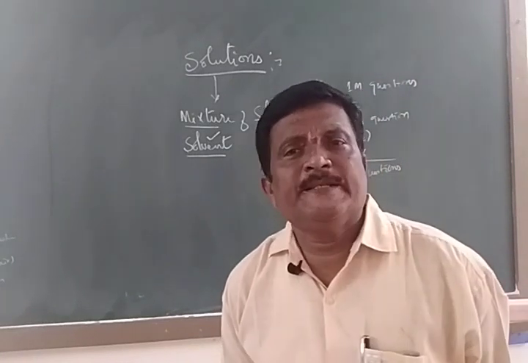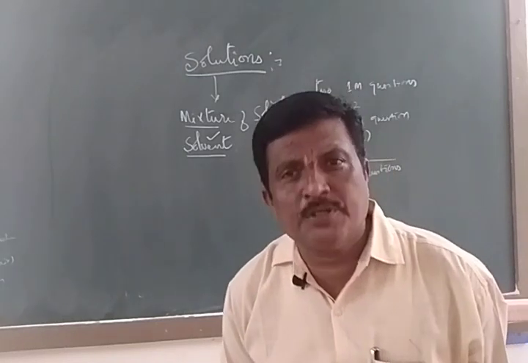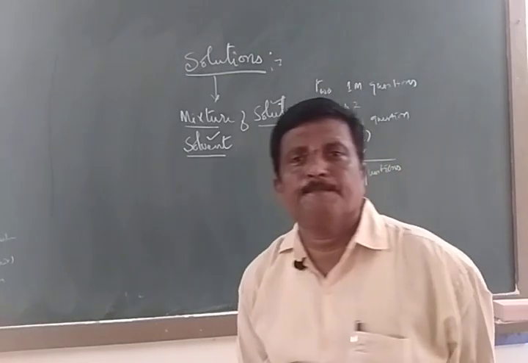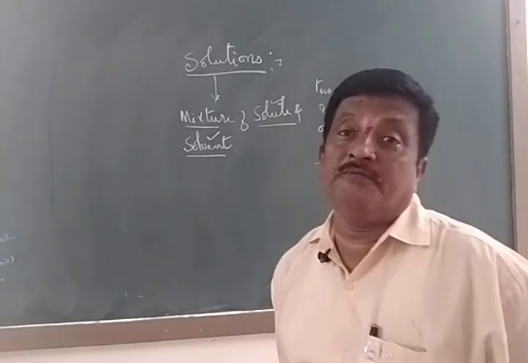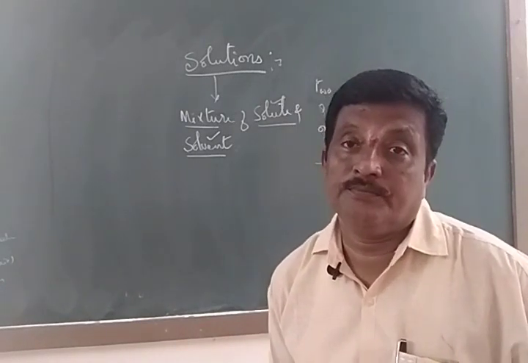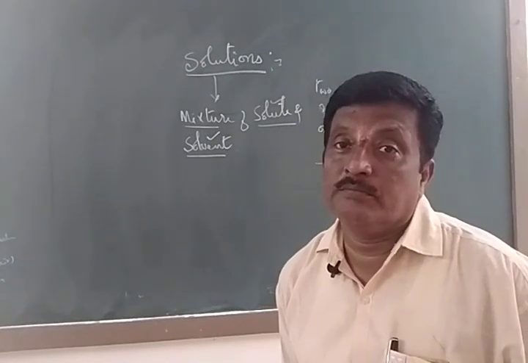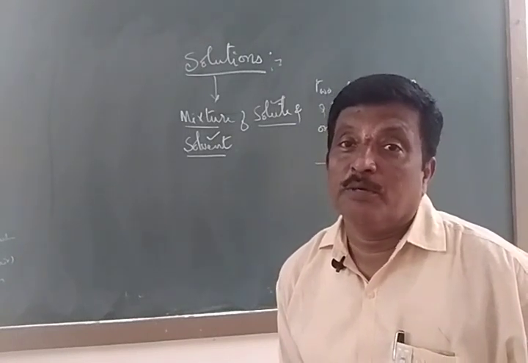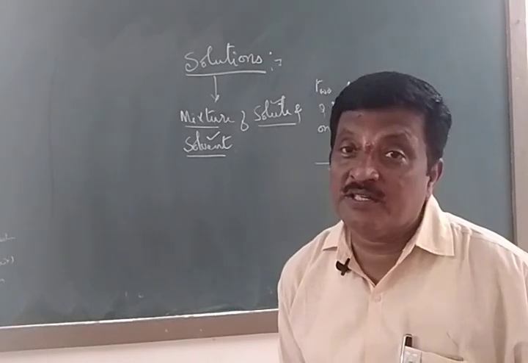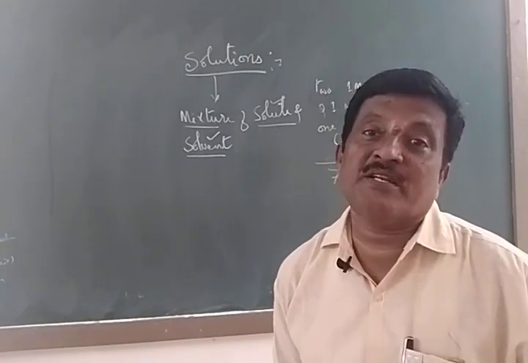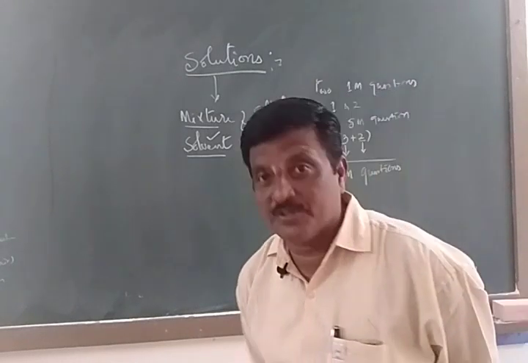Based on the physical states of the solute and the solvent, there are 9 types of solutions. How many? 9 types. Because according to permutation and combination, there are 3 physical states, hence you can expect 9 types of solutions.